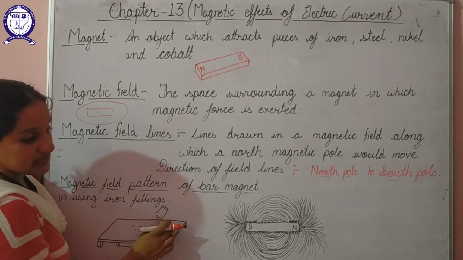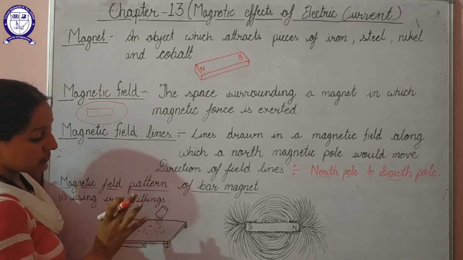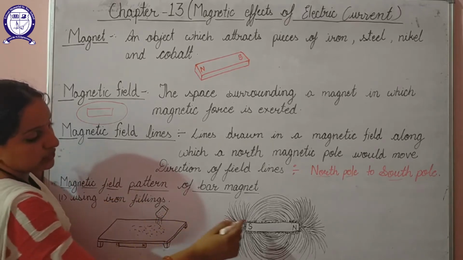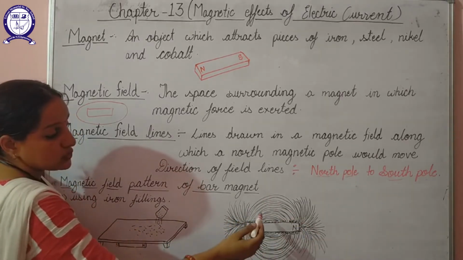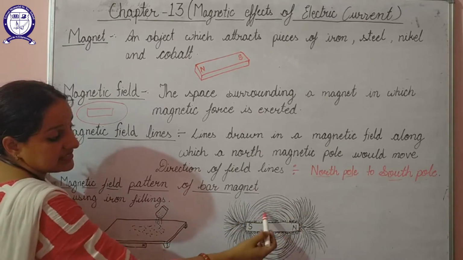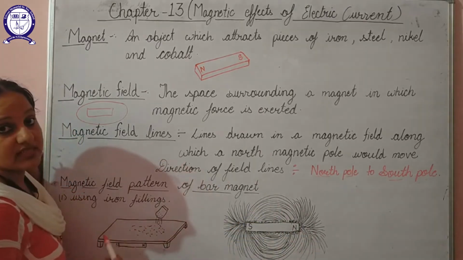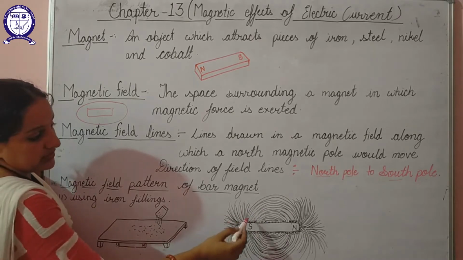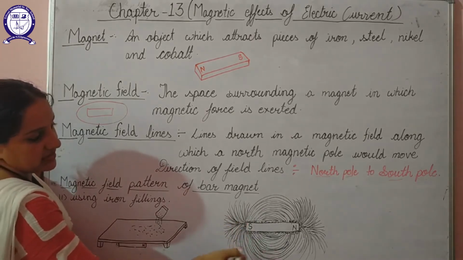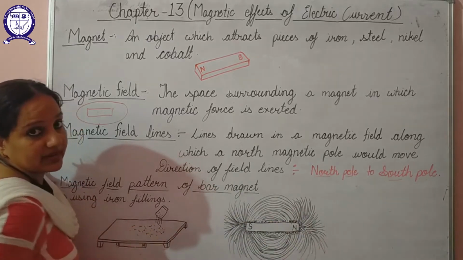Now on tapping this cardboard, what will be observed? These iron filings will align themselves in this pattern. These lines are known as the magnetic field lines. The maximum strength of field lines is around the poles of a magnet.